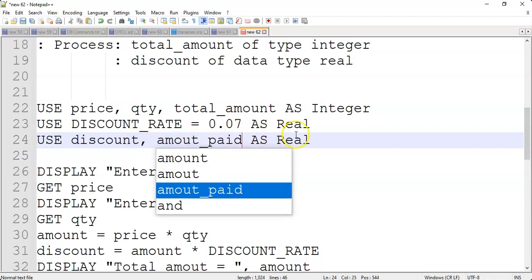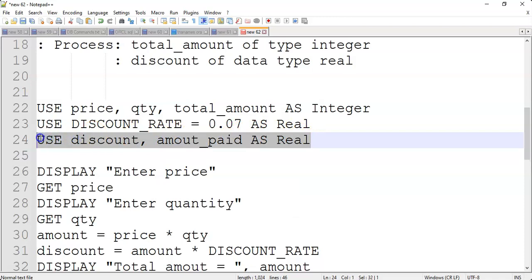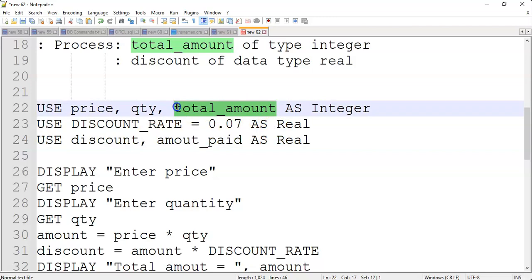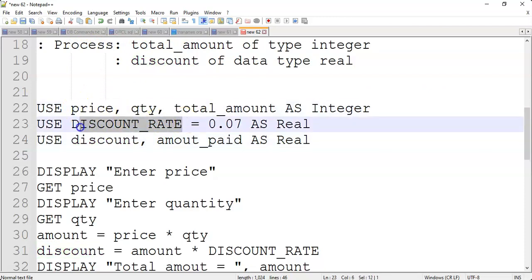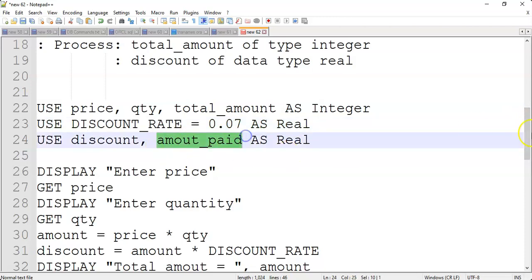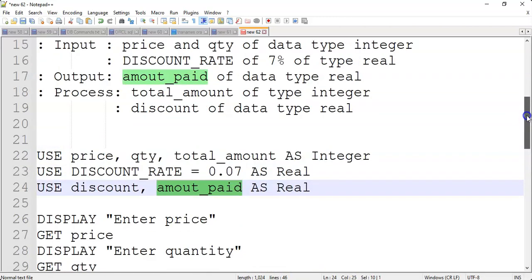So all of them are of data type real. So the total amount and discount are coming from the process. Price, quantity, and the discount rate are coming from input, and the amount paid is coming from output storage requirement.